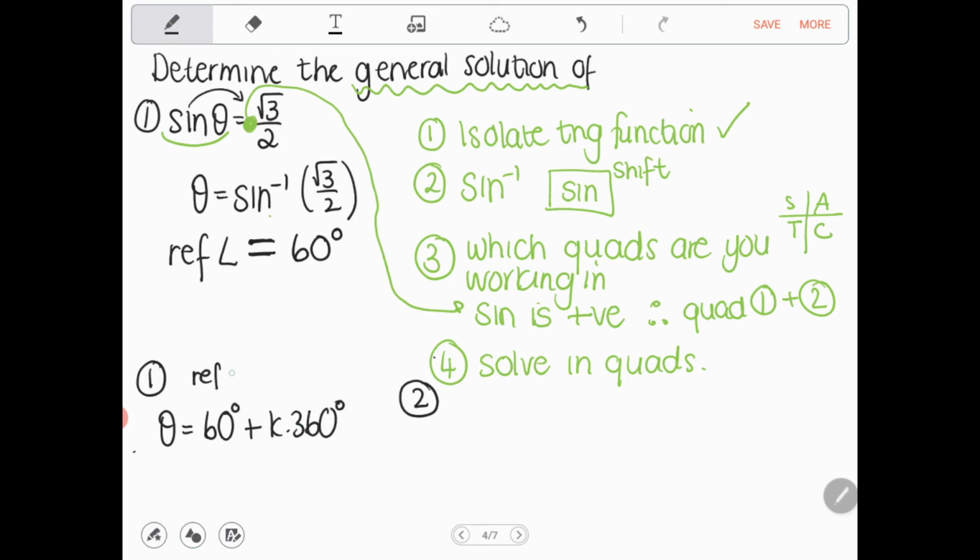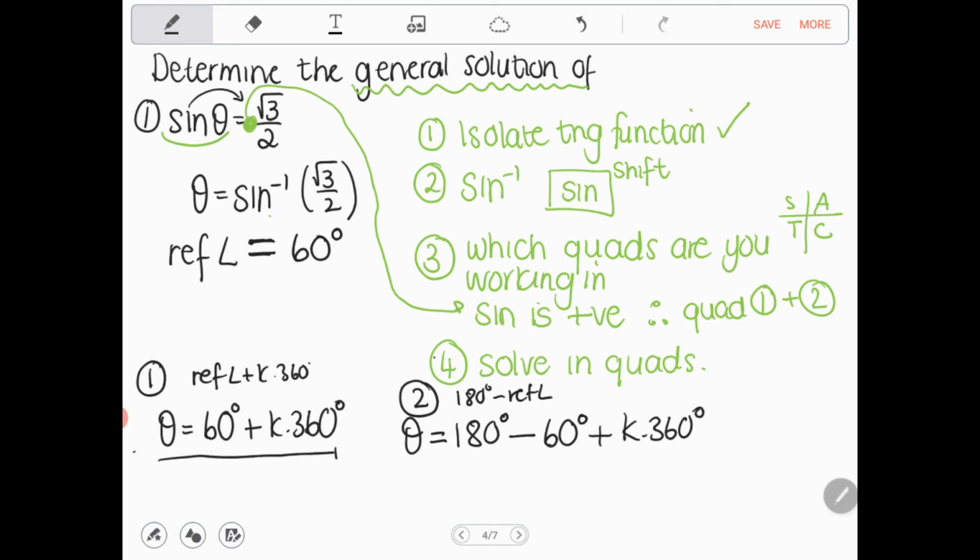Okay? So that's quadrant 1. 60 plus k lots of 360. In quadrant 2, your answer is going to be 180 minus your reference angle, because that's what's on your CAST diagram, plus the k lots of 360. Because it doesn't matter how many times we add or subtract 360, we get the same angle.